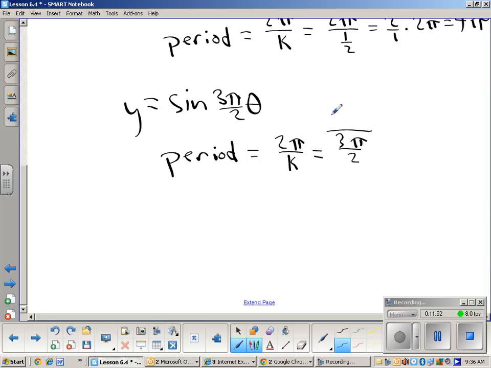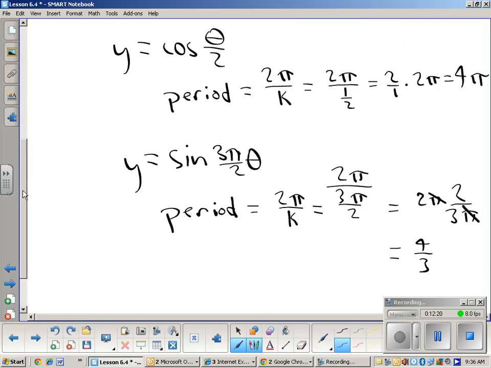So 2 pi over 3 pi over 2. If I flip that over, I get 2 pi times 2 over 3 pi. What happens to my pi's this time? They cancel, leaving me with 4 over 3. Okay? 4 over 3.